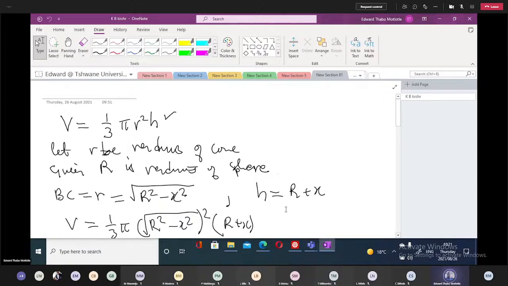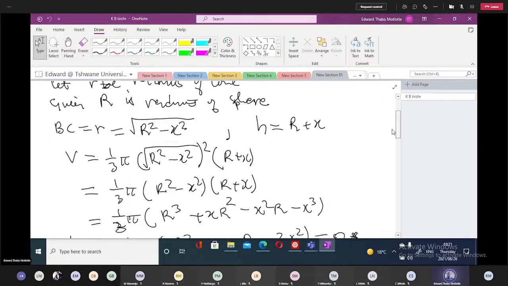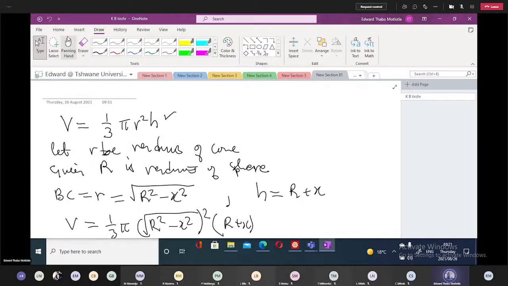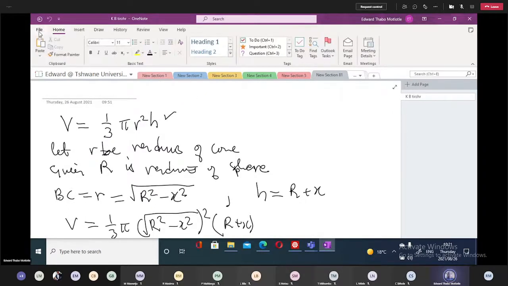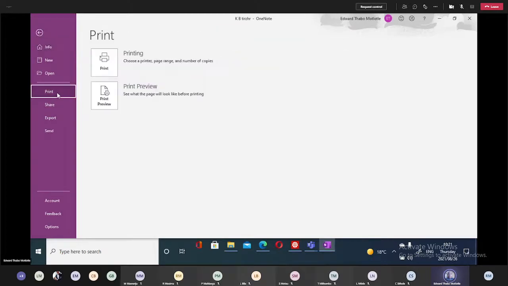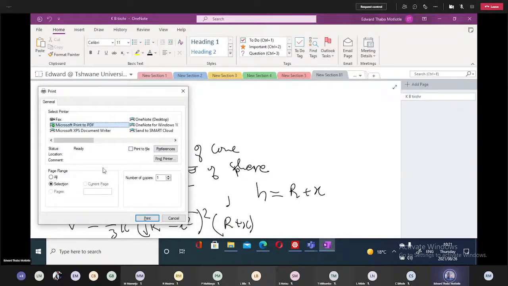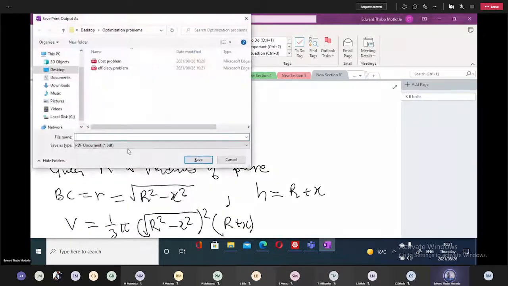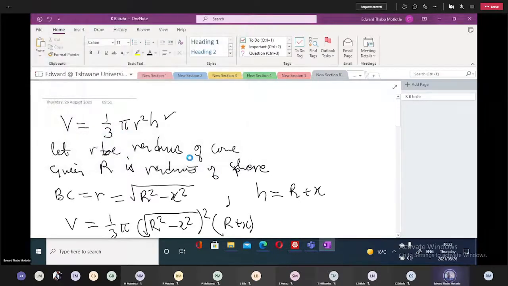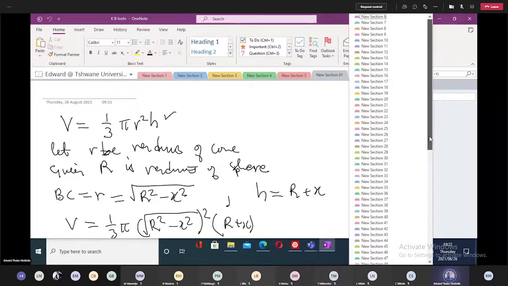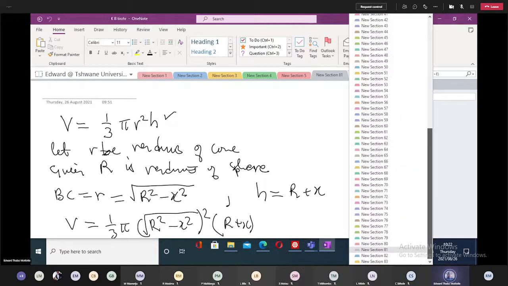And then this problem, what is the name of this one? Sphere and cone problem. I'll just write it like that. Then I'll attach everything there. This was page 81.